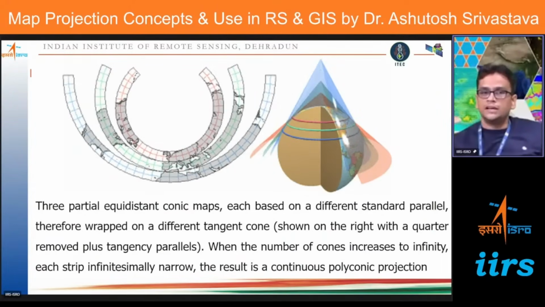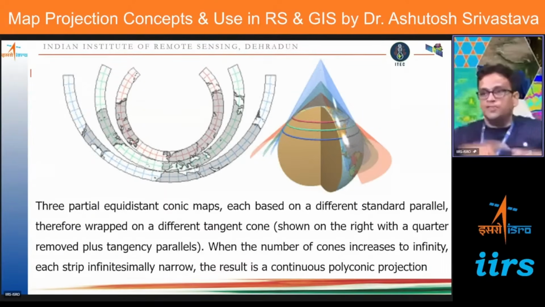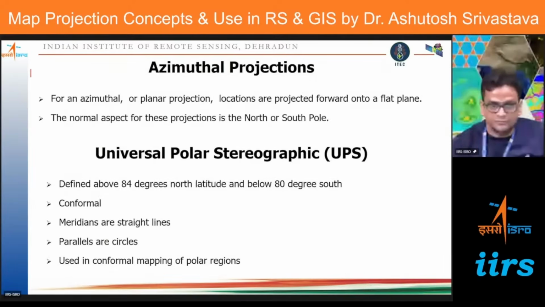We take infinitely small strips, which are connected together, and the map is generated. When the number of cones increases to infinity, each strip will be infinitely narrow and the result is a continuous polyconic projection. This projection will try to preserve the properties. I will not say 100%, but it will definitely try to preserve the properties we have discussed.